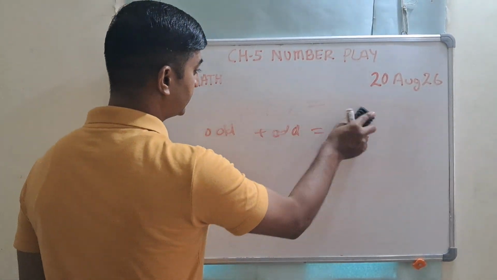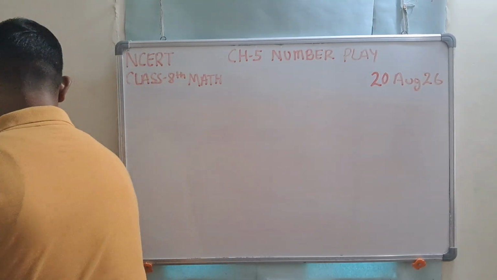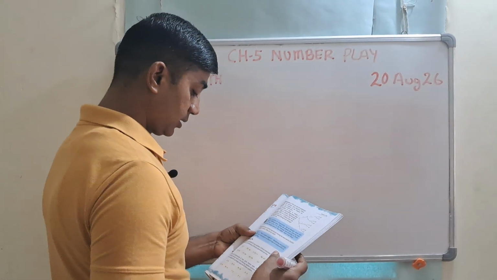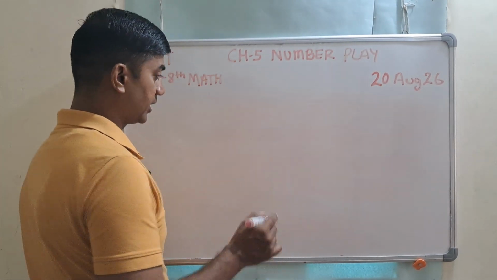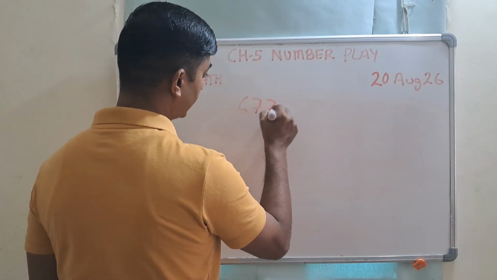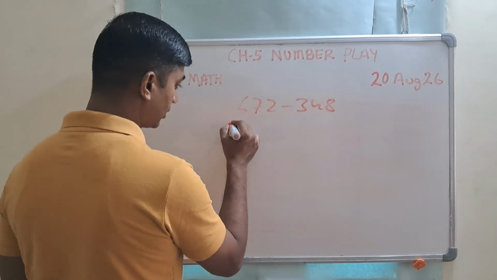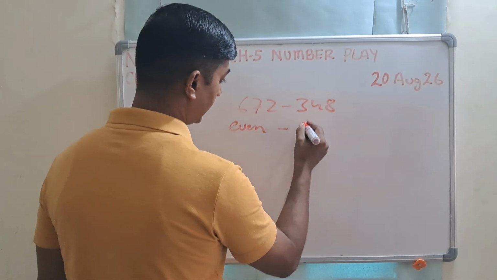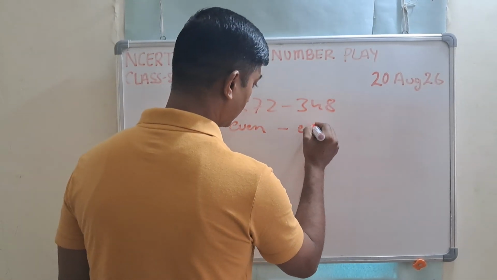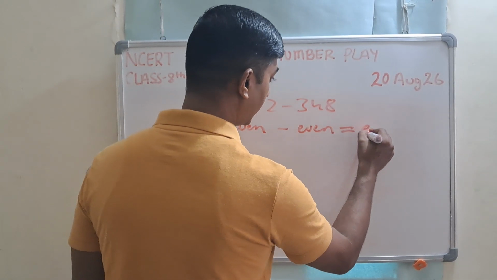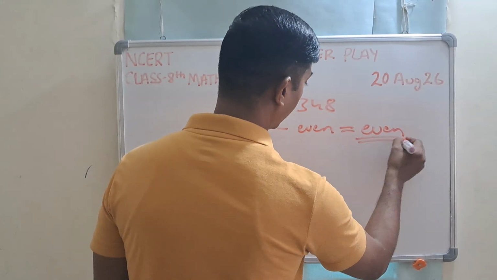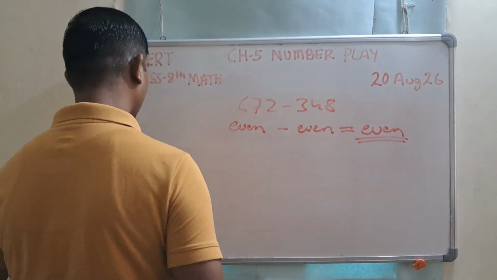Next one is 672 minus 348. Here we see that this is even, and there is a subtraction sign and even. Our result will be even. Understood? Even means this is divisible by 2.